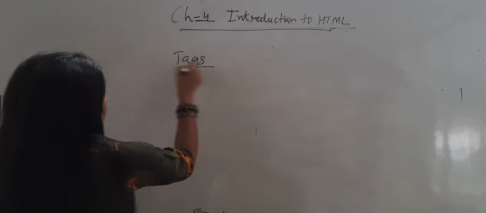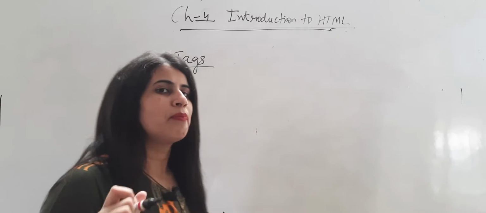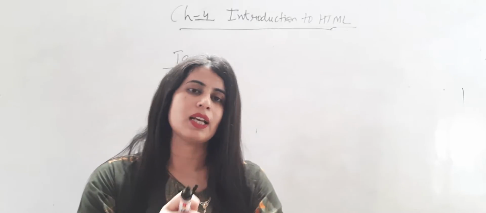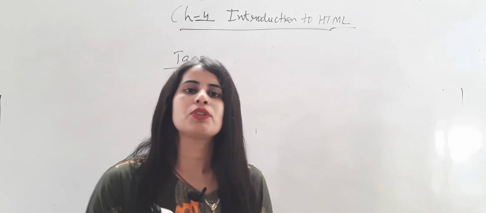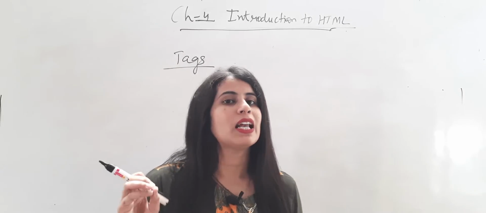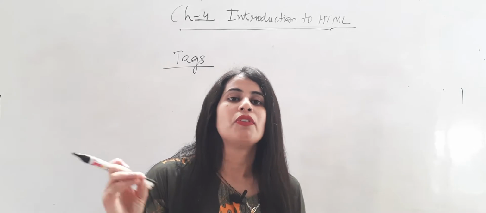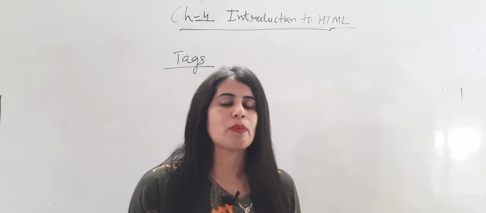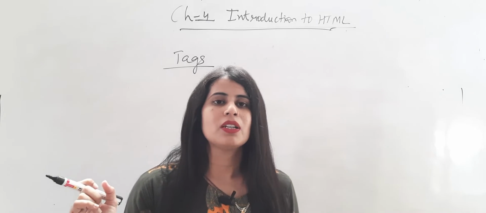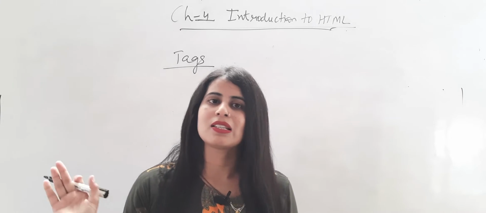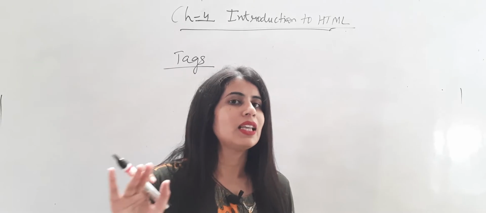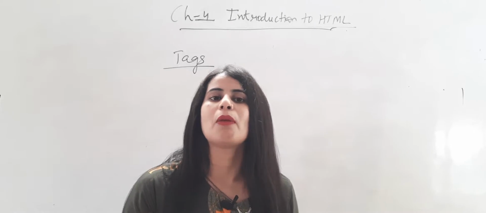Tags are the basic building blocks of a web page. When we are going to create a web page, we use tags, and with the help of these tags we are able to create the web page. Like in English grammar we have tenses, past, present, future, and there we use some helping verbs.